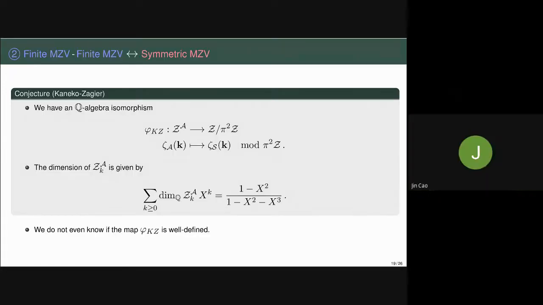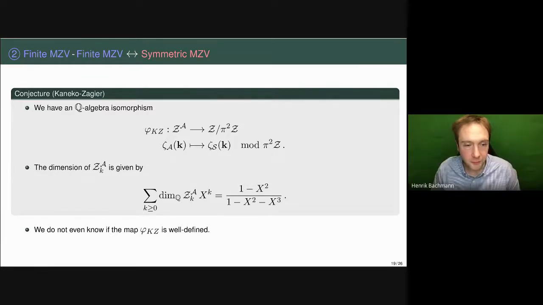Yes, please. Is this upper bound like in the classical case? Oh, this is a good question. This I actually don't know. So you ask if we know whether these numbers we obtain here actually give an upper bound for this.